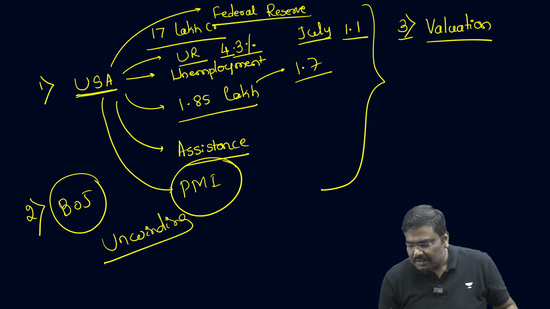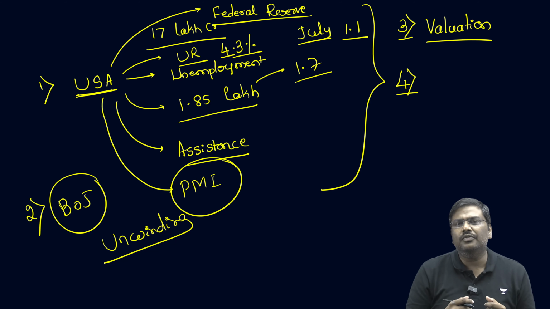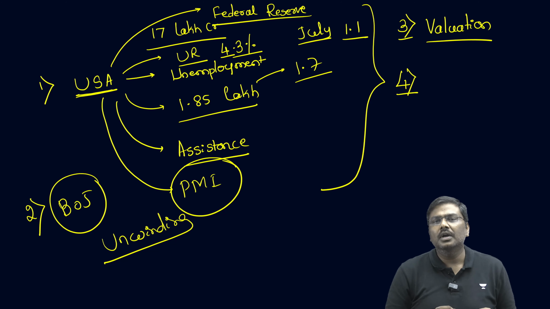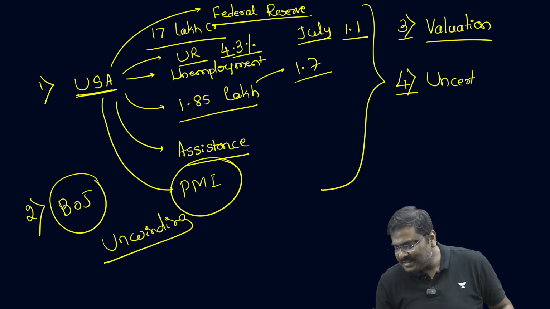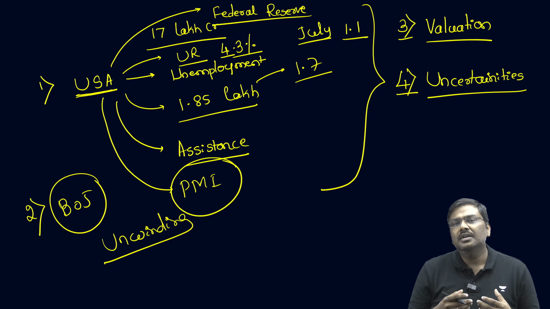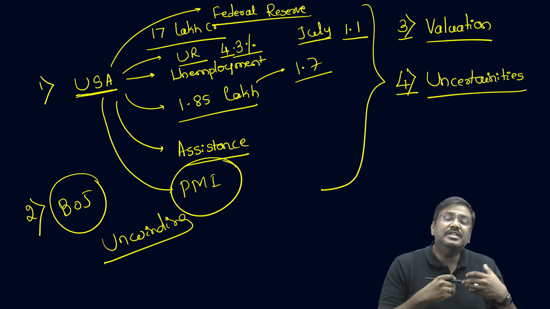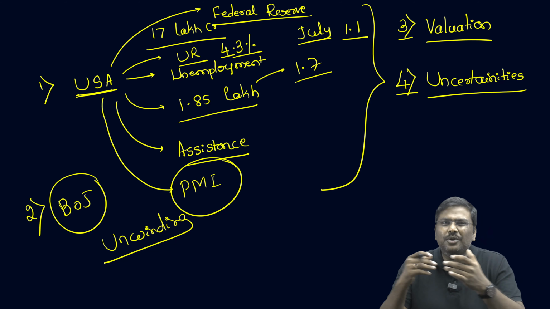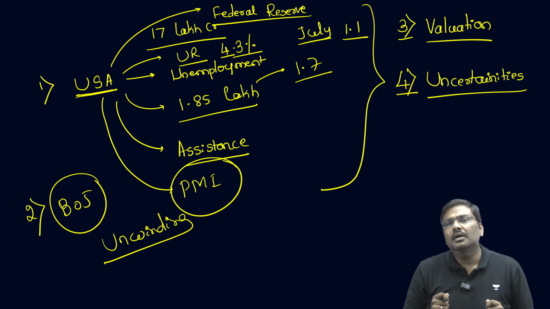In addition to this, the fourth very important factor contributing to the global sell-off, including India's sell-off, is the uncertainties, or the volatilities, in the global market. For example, the recent events between countries in the Middle East, the possibility of attacks from one country on another, has rattled the international market.